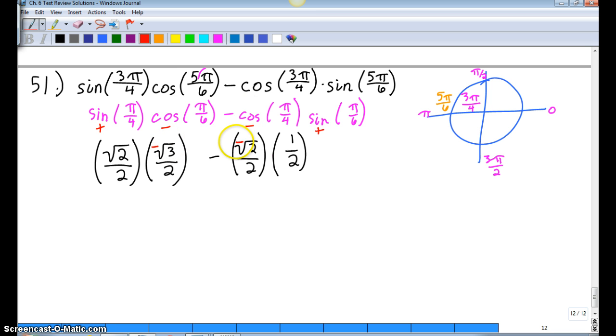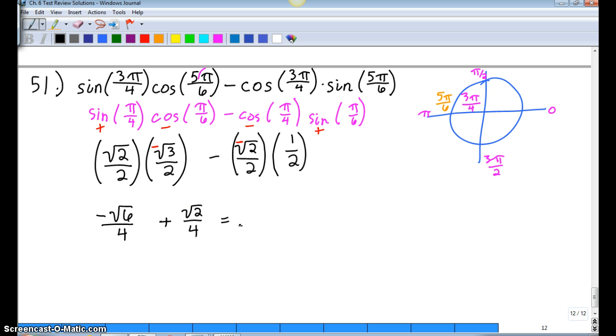This one here will be negative. Once we apply that, square root 2 times square root 3 is, with the negative sign, negative square root 6 over 4, minus, well, negative square root 2 times 1, we're going to end up adding square root 2 over 4.